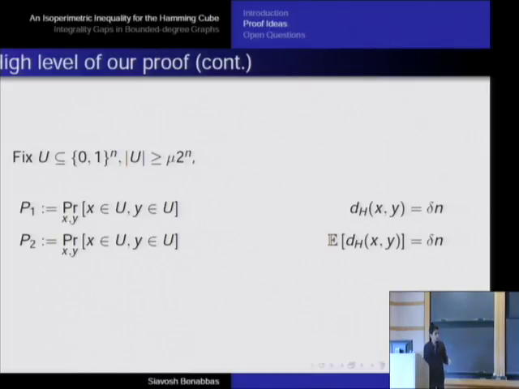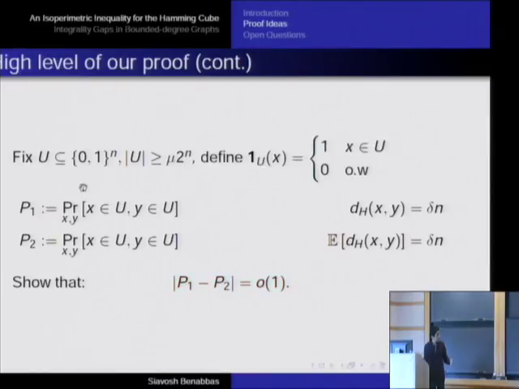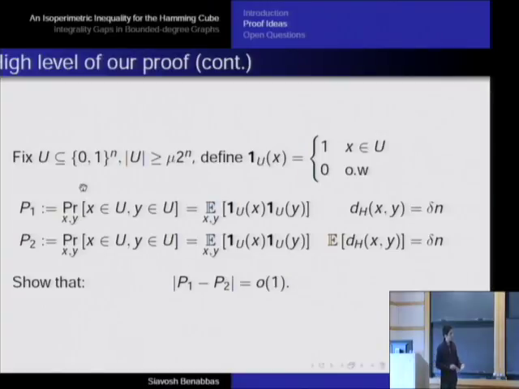The way we do it, well, the first few steps are pretty standard. So you want to show that the difference is little o of 1. So you define this characteristic function of the set, which is 1 when x is in the set and 0 otherwise, and then you can write your probability in terms of an expectation, where here x and y are taken under this weird distribution, and here they're taken under this nice distribution.